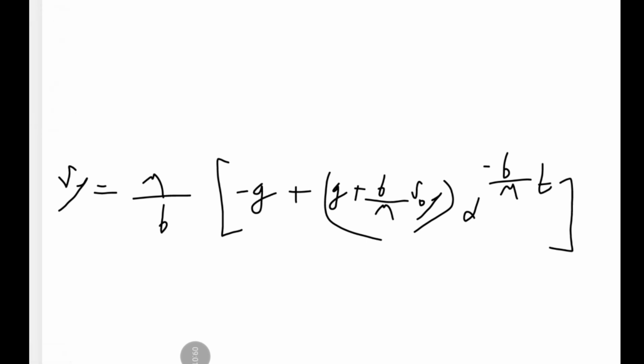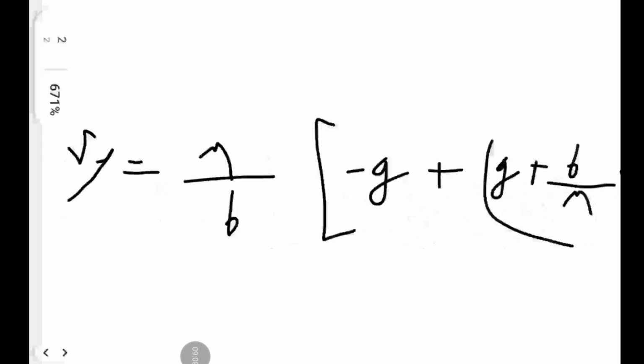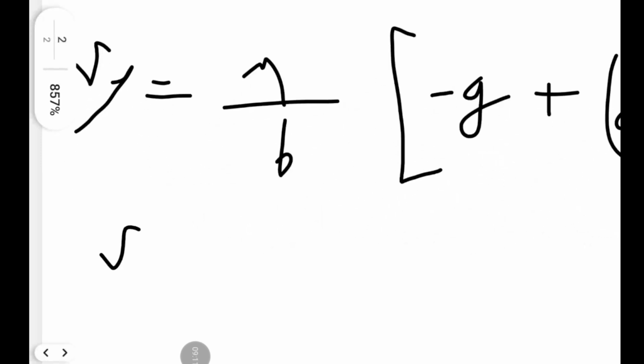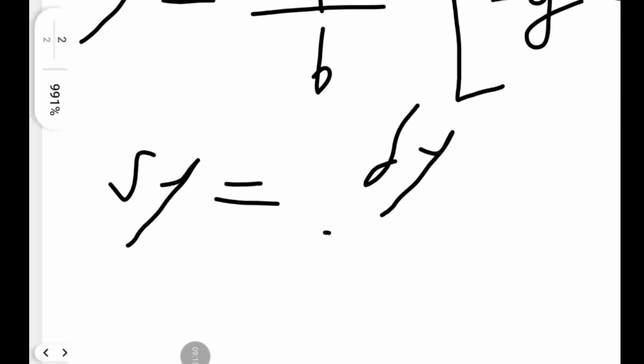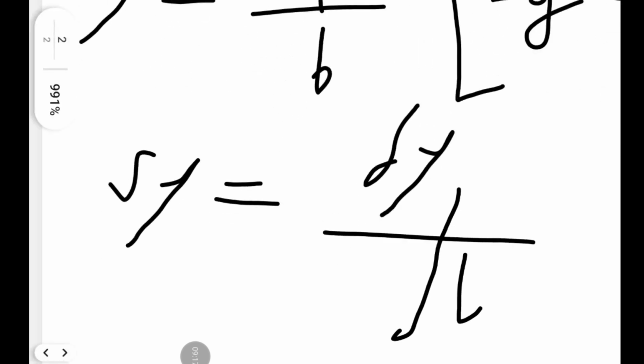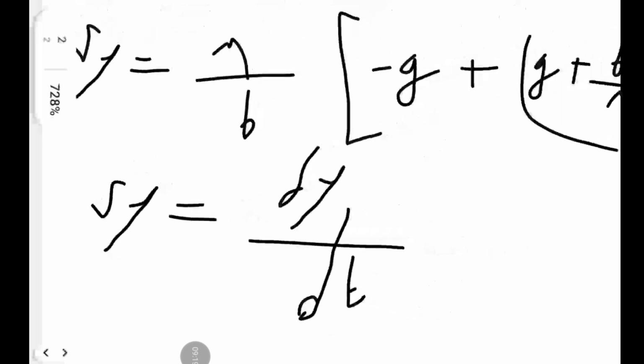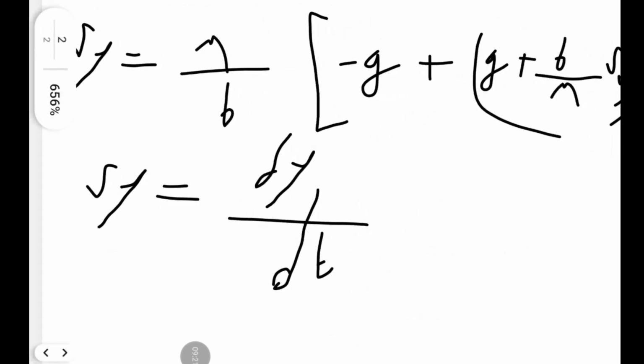And then you can just integrate the same way to get the position vector, which isn't that difficult to integrate. We know this is equal to dy by dt, so with that you can very easily switch around.